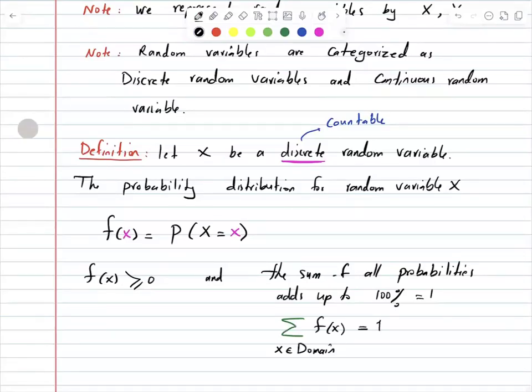So these are important properties for a discrete probability distribution, or probability distribution for a random variable which is discrete. As you guessed, when we are working with continuous random variable, this summation notation becomes the integral.